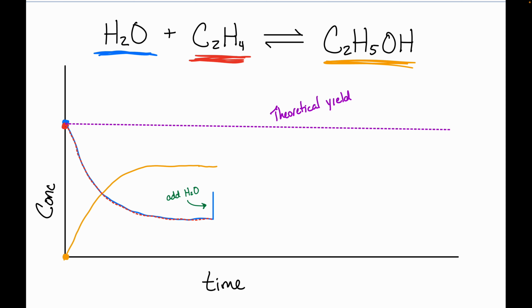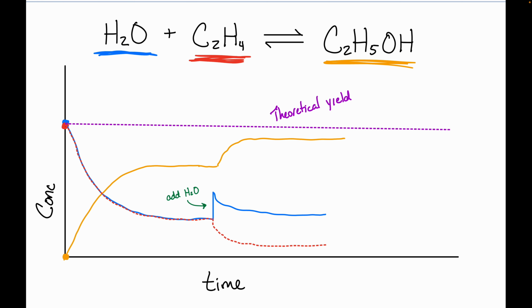So now my water and my C2H4 are going to start to decrease again, and my product concentration is going to start to increase.